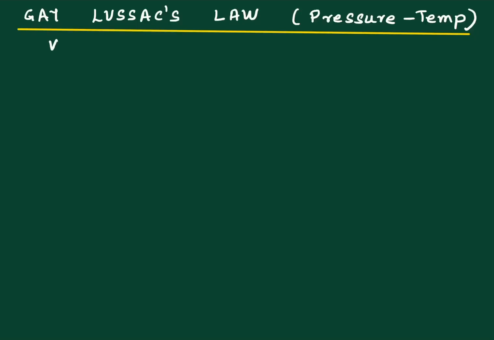Now, we said that volume is directly proportional to T upon P. We already derived a relation between volume and pressure, that they are inversely related. So if I take the volume and the mass of the gas as constant, what do you think will be the relation between pressure and temperature? Perfect.